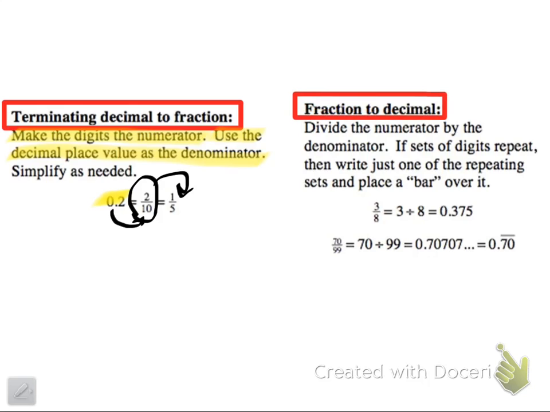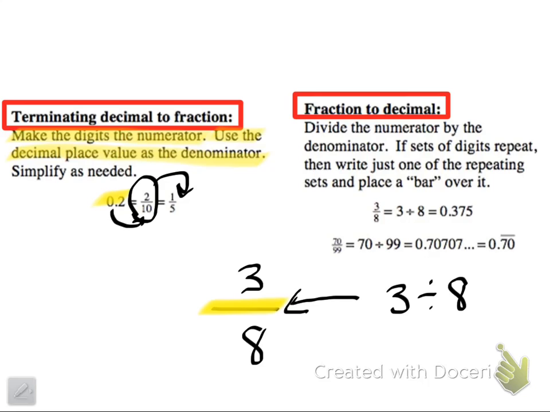Lastly, we have a fraction to a decimal. The biggest thing to understand here is what this bar right here means. We can say 3 over 8, we can say 3 bar 8, you can say whatever you want, but really what that line means is divided by. And if we replace divided by with the actual division symbol, we get 3 divided by 8.